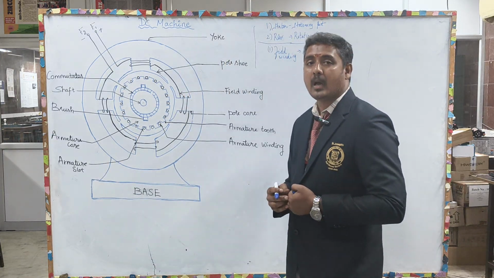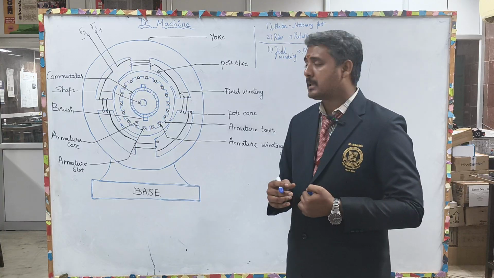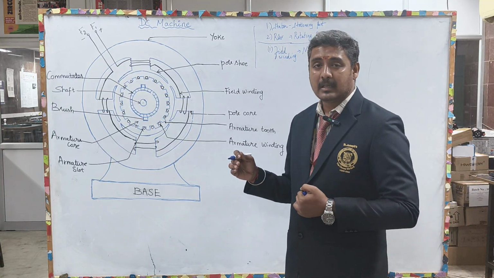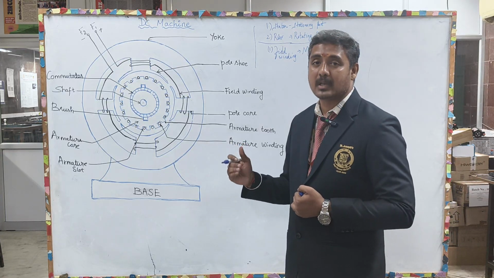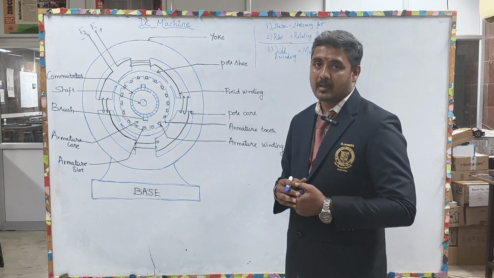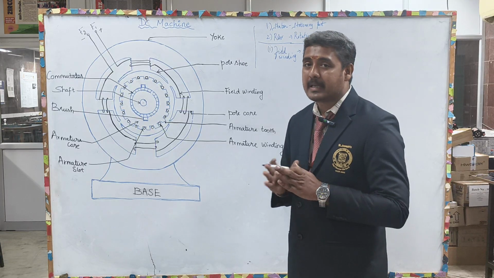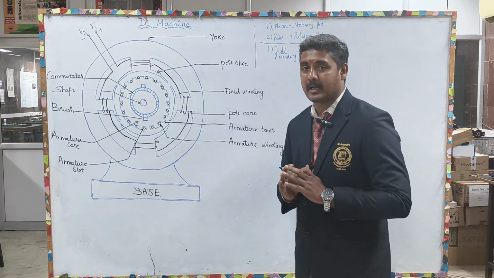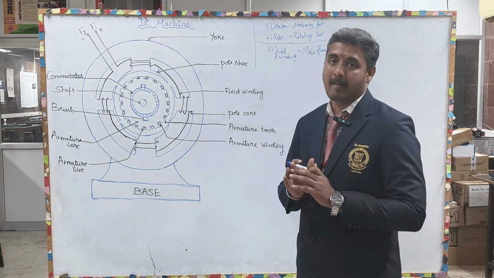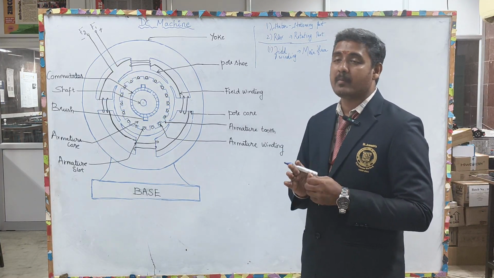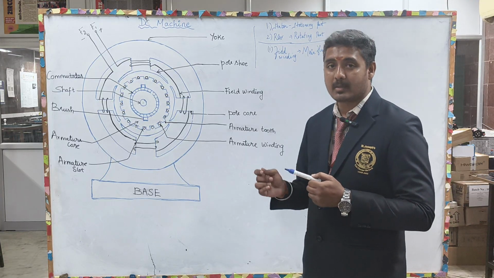Okay. Now here you will be having the armature winding which is placed over the armature slot. In the teeth you will not have any kind of armature winding, only in the slot you are able to place the armature winding, and that armature winding will be wound over the entire length of the armature.